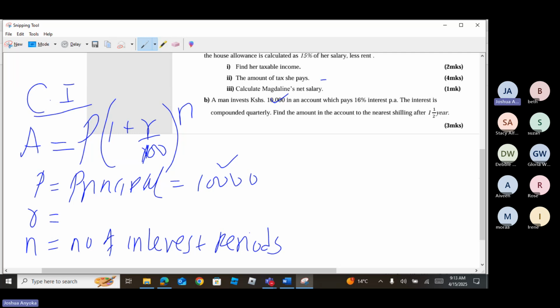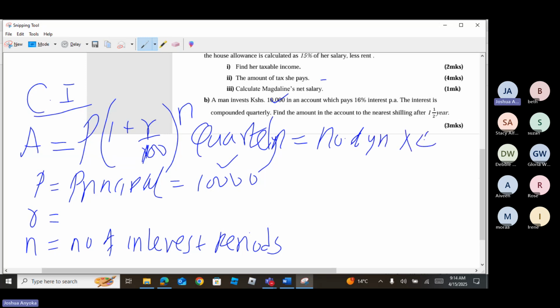In our question, we have the interest compounded quarterly. So N will be equals to the number of years times 4. 1 year has 4 quarters. So N will be the number of years times 4 when we have compounded quarterly.